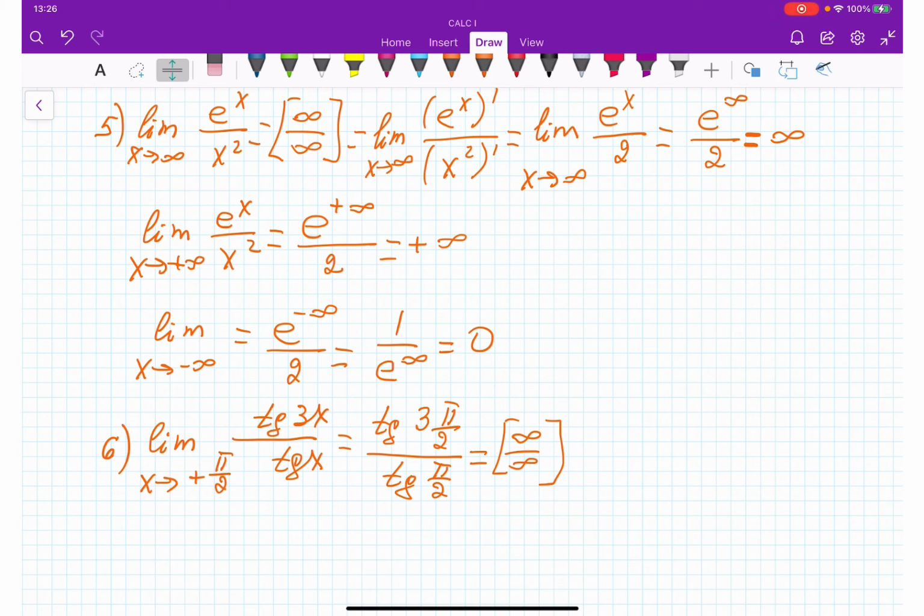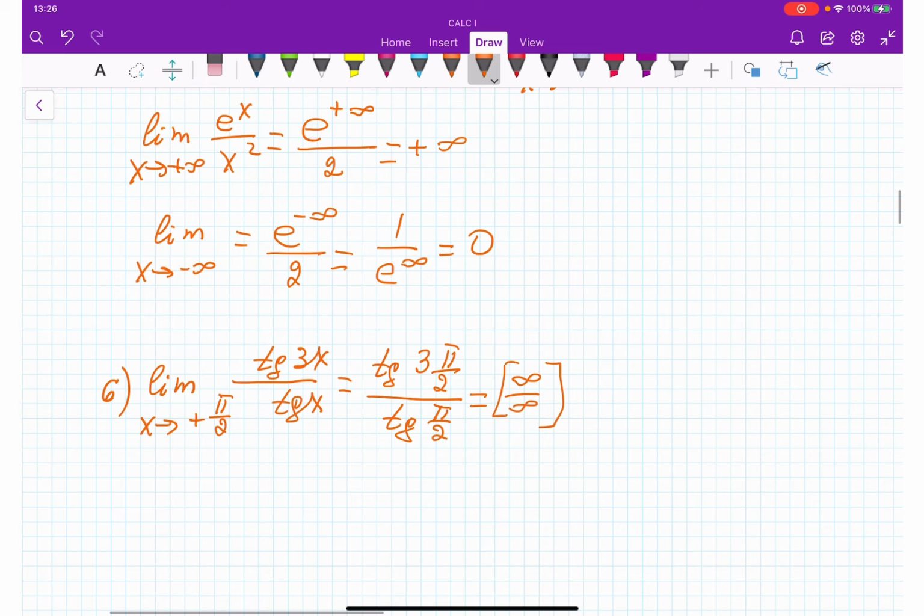Okay. Let's see how we're going to work with it. So we are taking the limit as x approaches pi over 2. Since it's pi over 2, we take it as a positive one. So it's going to be the derivative of tangent 3x over the derivative of tangent x.